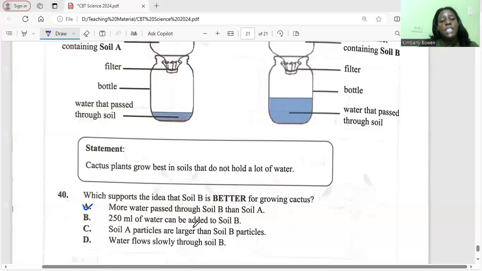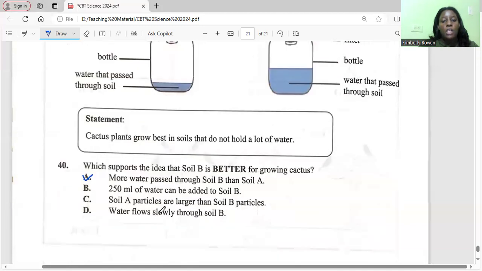If the soil particles were larger, it wouldn't hold the water, like what is happening in soil A, and the water flows through soil B. Water flows slowly through soil B? It doesn't show that in the diagram. It actually shows that it's flowing faster through soil B than A. So the correct answer is A.